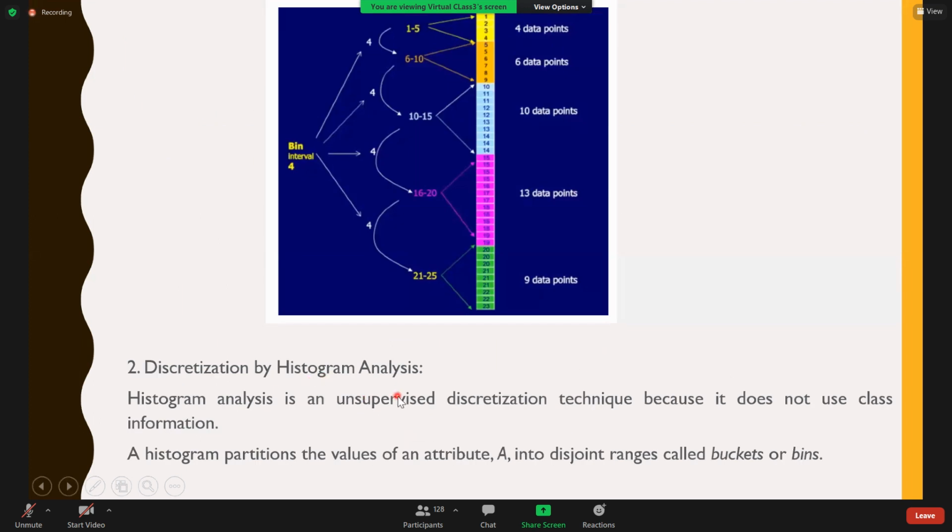In histogram analysis, as we have seen in data reduction, the continuous values will be divided into multiple buckets or bins. We have equal width histogram and equal frequency, or equal depth, histogram also. So histogram analysis is one more technique for discretization. It partitions the attribute values into disjoint ranges.